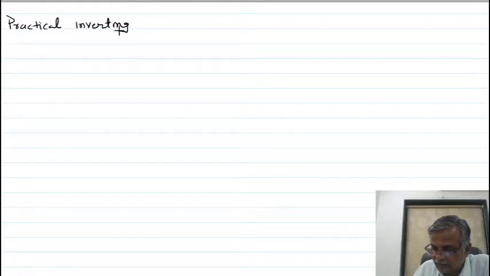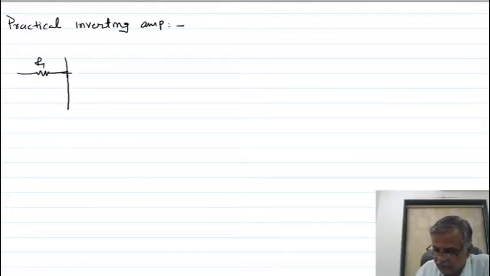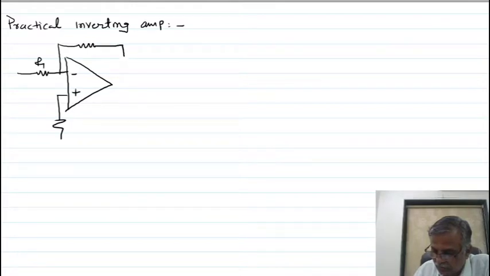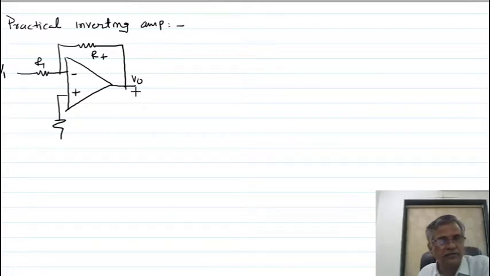So I am discussing now the practical inverting operational amplifier. This is the circuit diagram of the inverting amplifier. With the help of the low frequency model of the operational amplifier, you can derive the equation of closed loop gain.